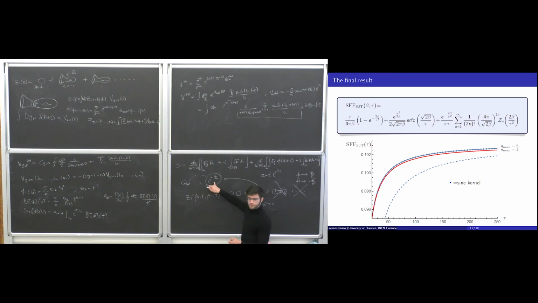Sorry, we have this term, but then? I mean, you mean when you sum over different topologies? Okay, so you're asking whether or not there are some, let's say, perturbative contributions that you should add on top of this.